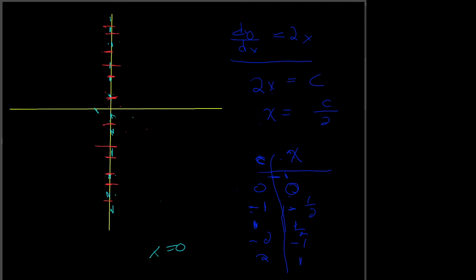So let me draw the line of -1/2. So there's a dotted line, -1/2 going all the way up. There's my line, -1/2. Make it dashed. But my slope at -1/2 is -1.